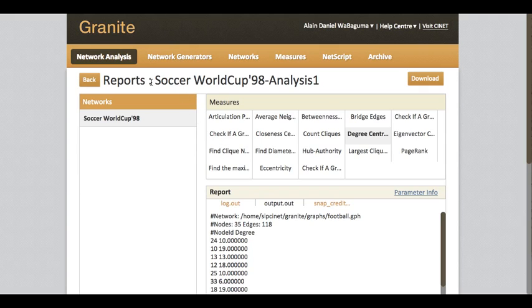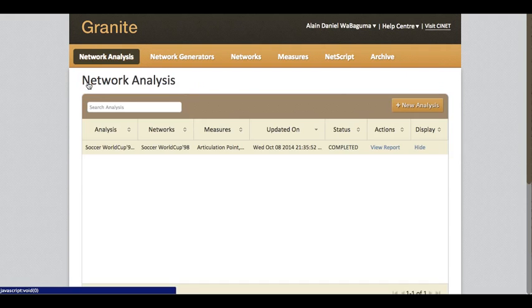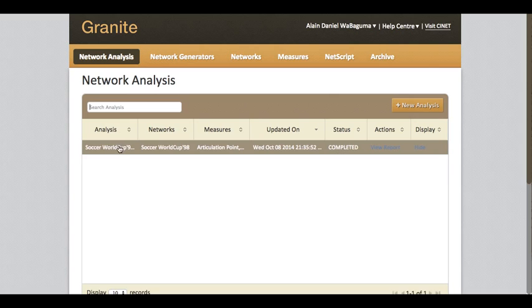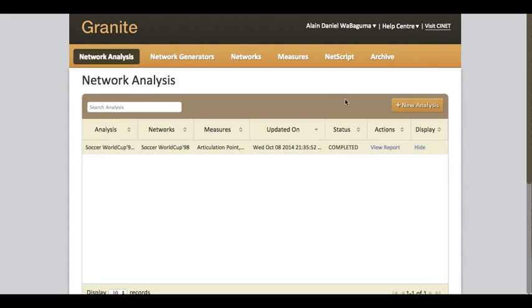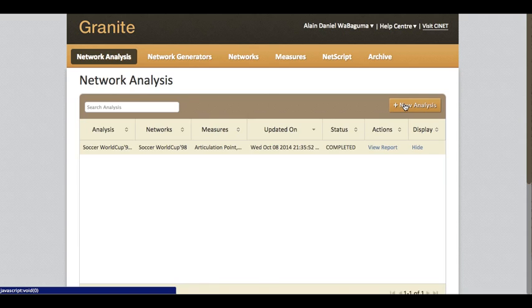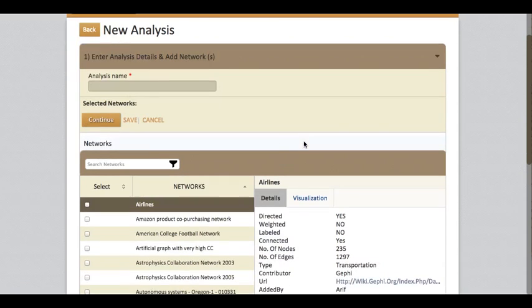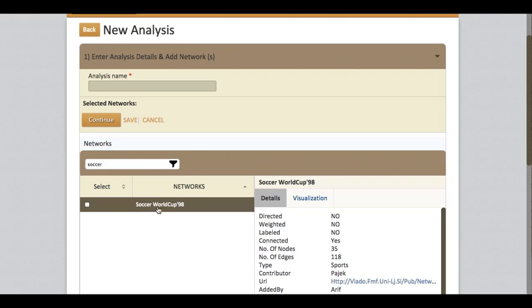I will go ahead and add one more measure, that is the probability or frequency of degree. And then on this here, I'll run some new analysis on the soccer network again.